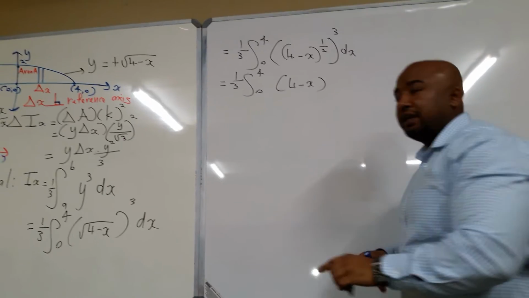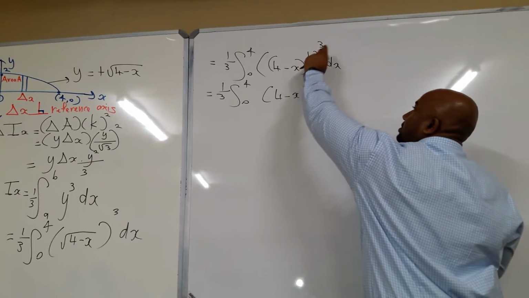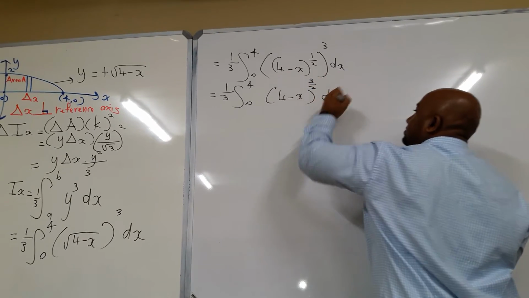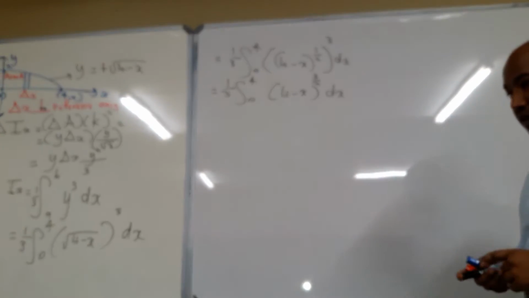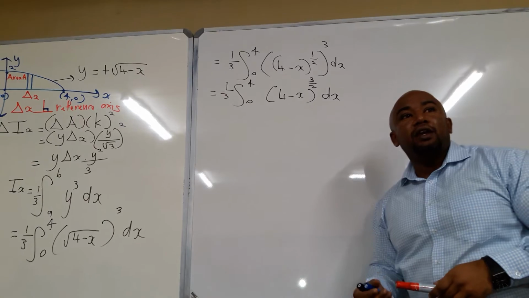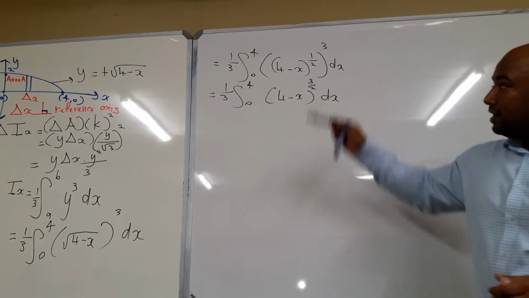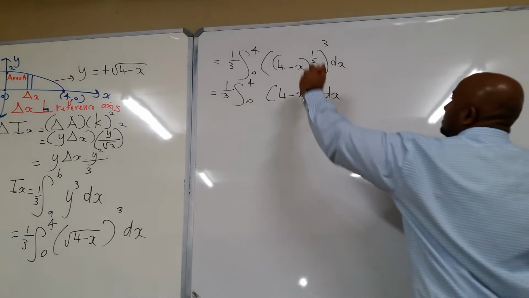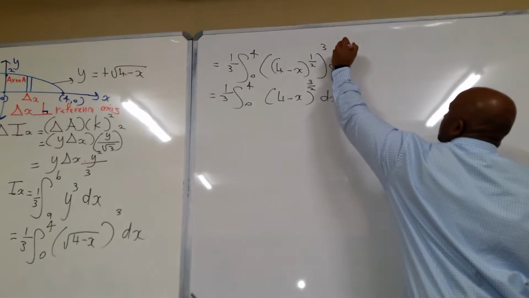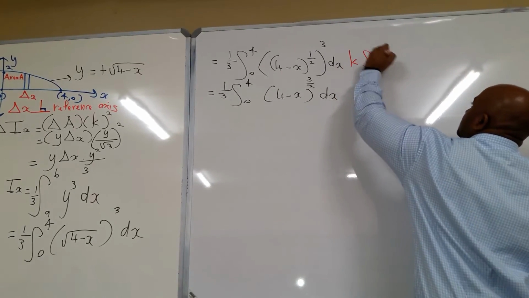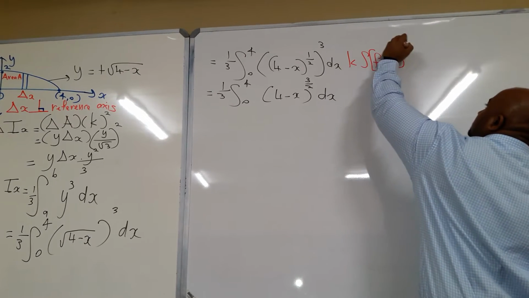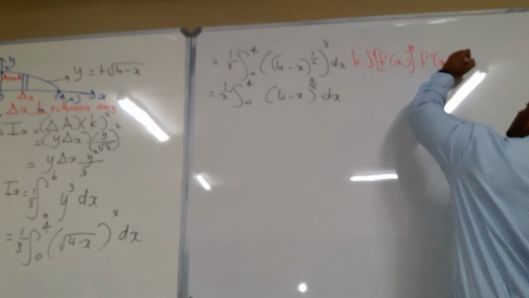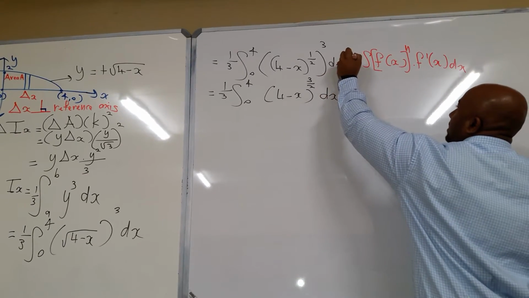You multiply the exponents. 1 over 2 times 3 will be 3 over 2. Okay, so now this is type A from N5. F of x to the power n.